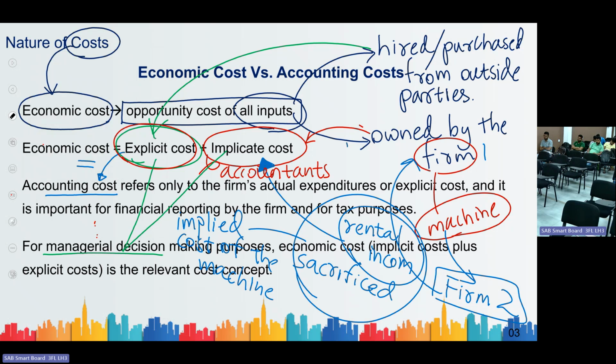Together, implicit costs plus explicit costs, we call them economic costs.